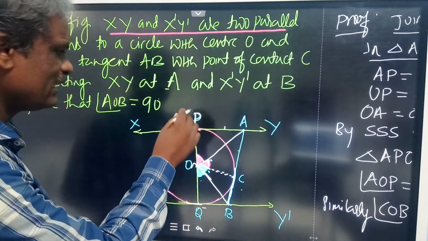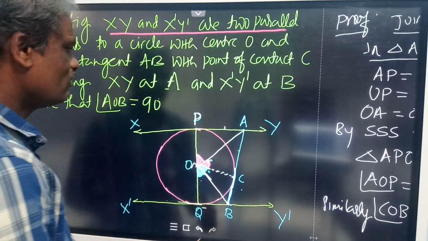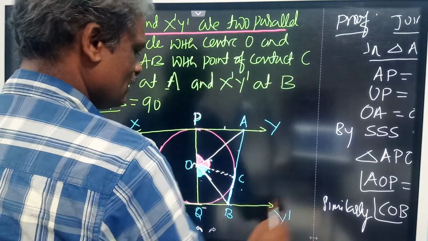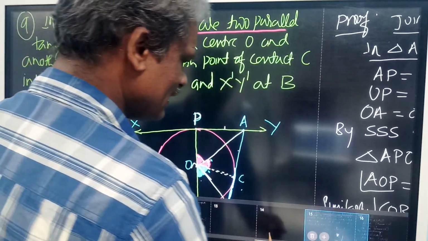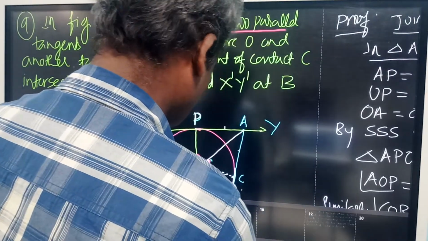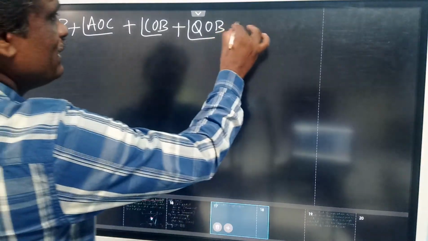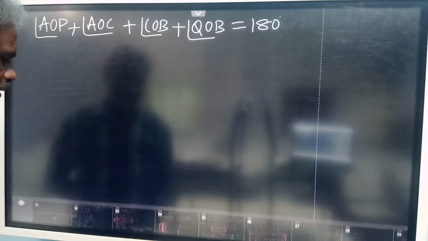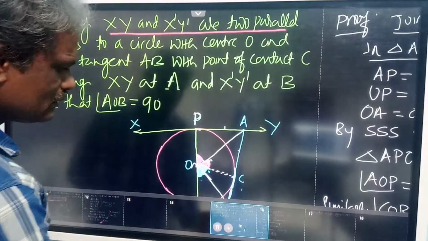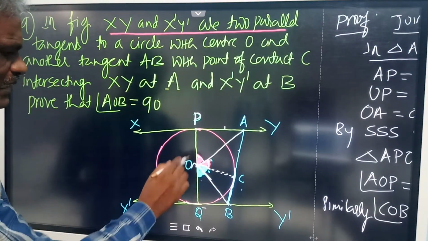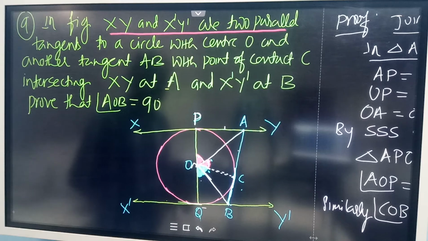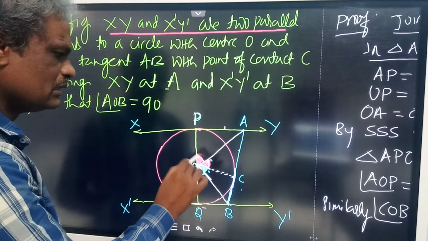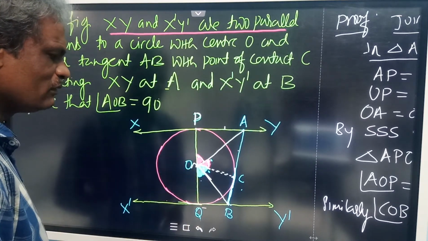It must be 180 degrees, because PQ is a diameter, passing through the center of the circle. So it is a straight line, and the sum of all these four angles should be equal to 180 degrees.